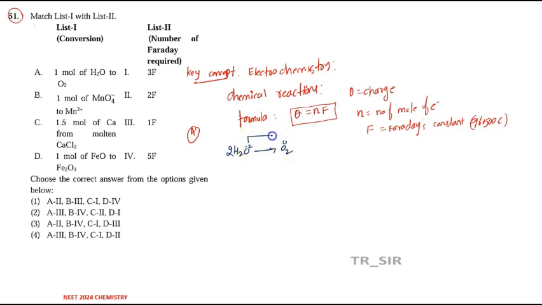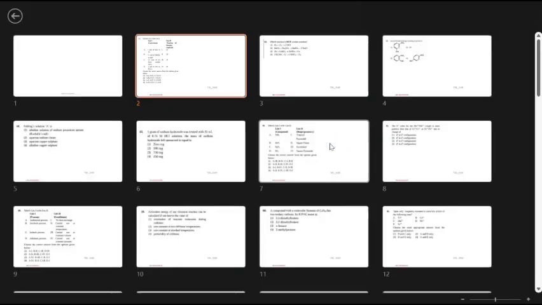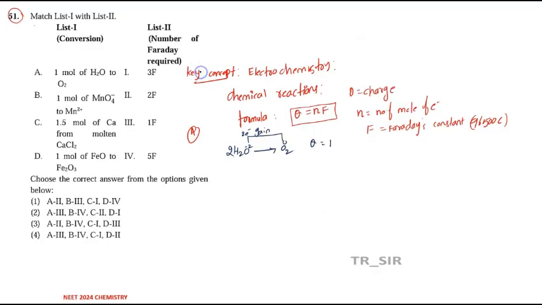That means -2 to 0, so 2 electrons are lost. They're asking for 1 mole of H2O, so Q is equal to 1 into 2 moles into F, which gives 2 Faradays of charge.